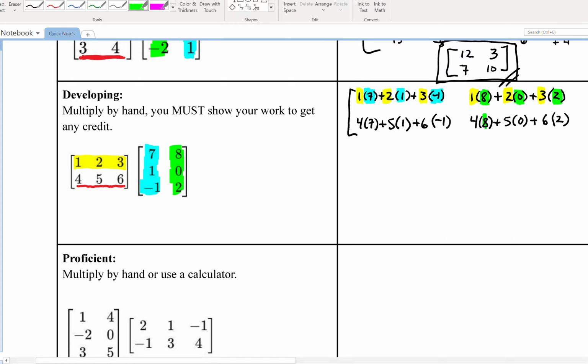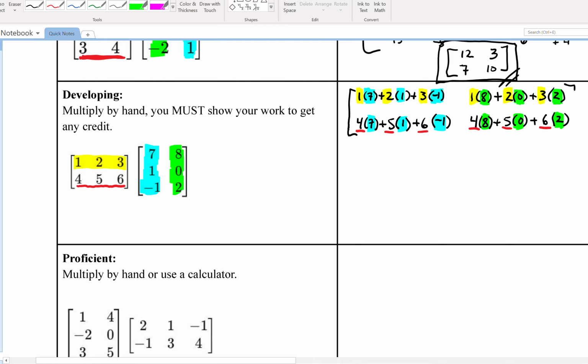And that 8, that 0, and 2 are the same. The 4, the 5, and the 6 in this row, and then the 7, the 1, and the -1 are the same as that first column. And so that's how you set it up.